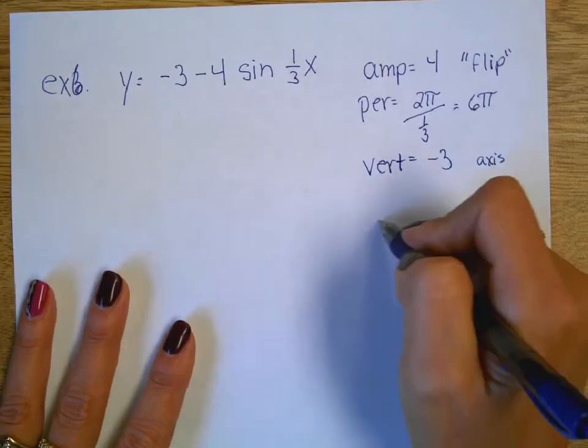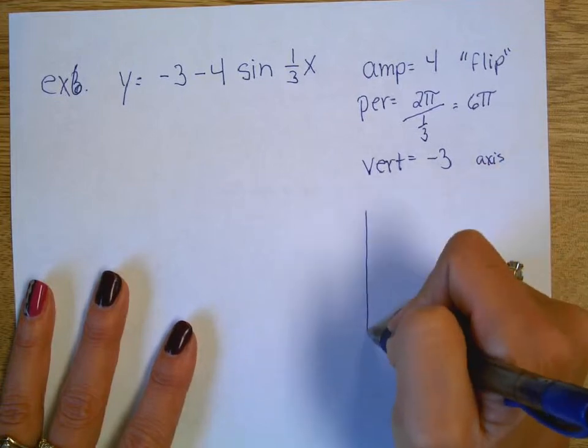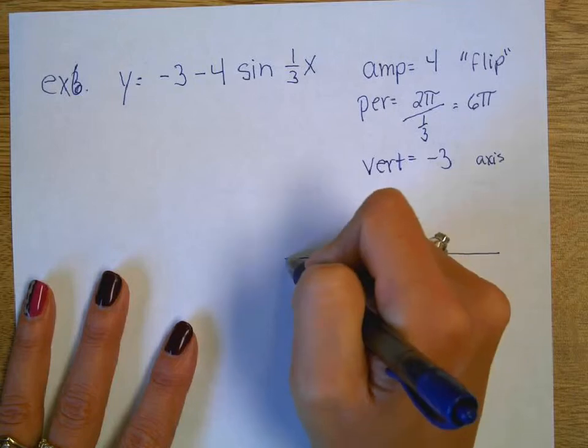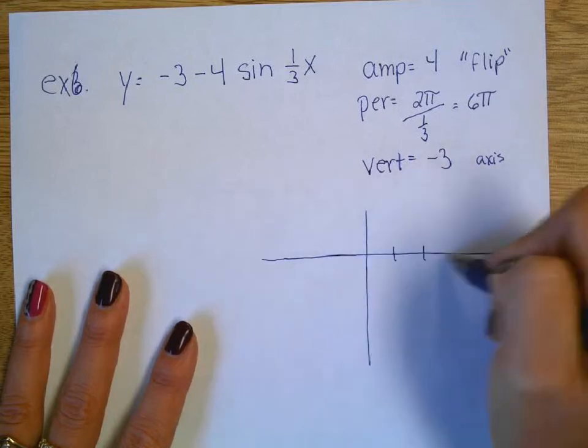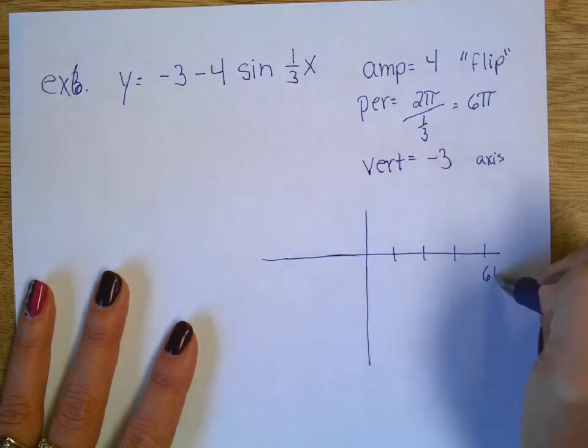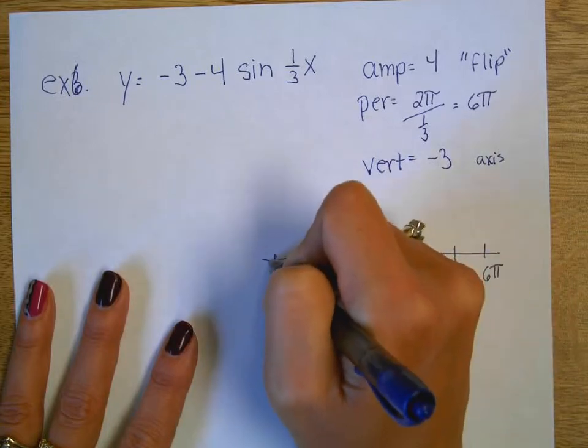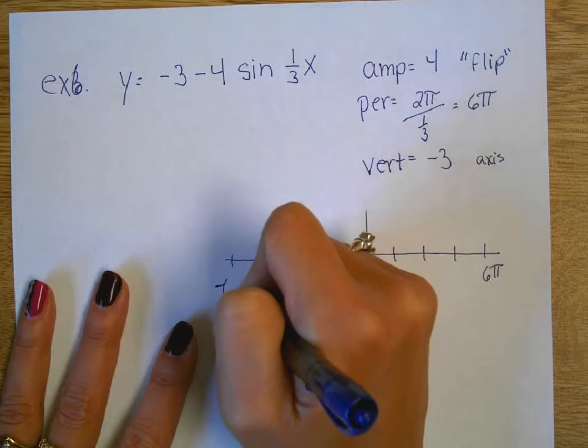All right. That's going out to 6 pi. That's going to go to -6 pi.